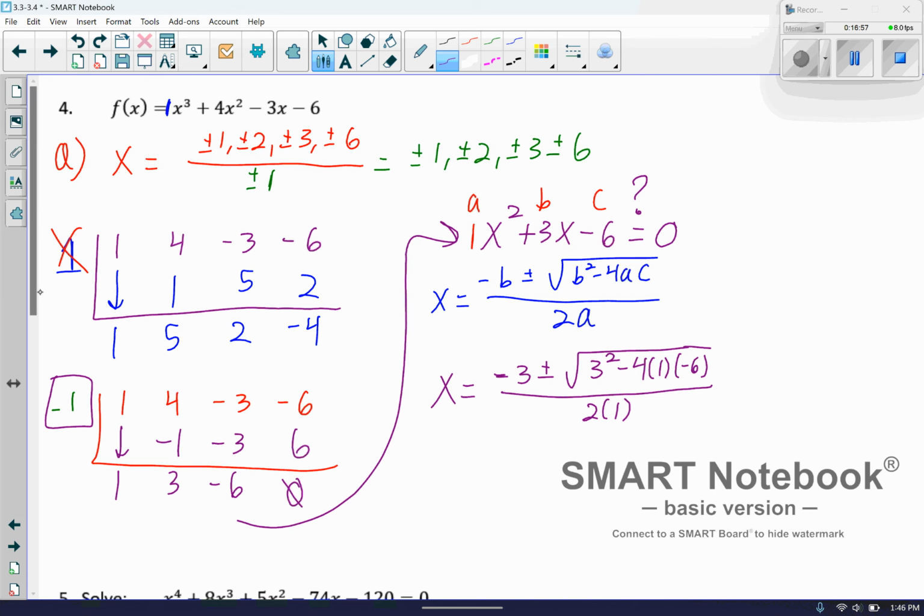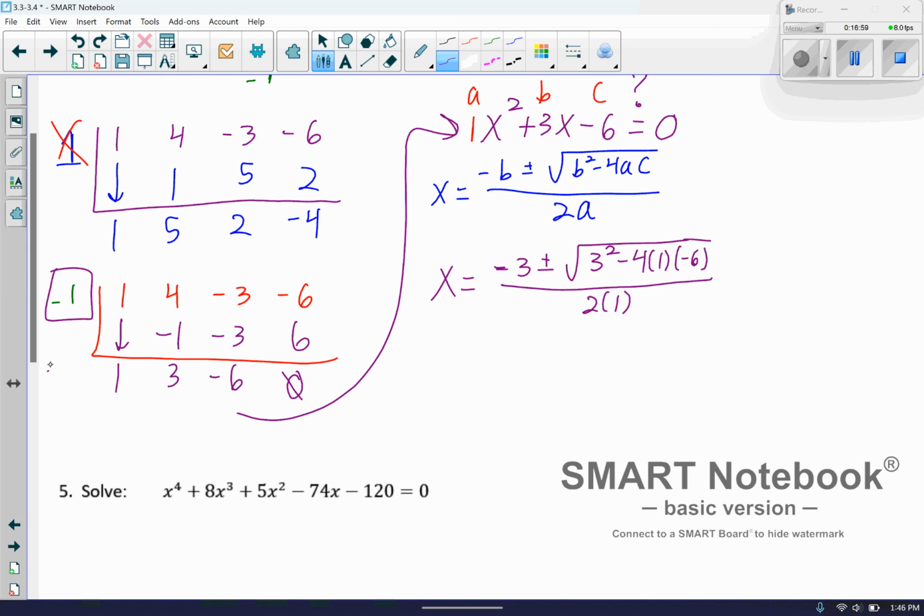All right, so now it's just a matter of cleaning this up and simplifying it. We get x equals negative 3 plus or minus the square root of 9, and then 4 times 1 times negative 6, and I'm subtracting it. So when you do all that, that's actually going to turn into a plus 24 right there. And then all divided by 2 times 1, which is 2.